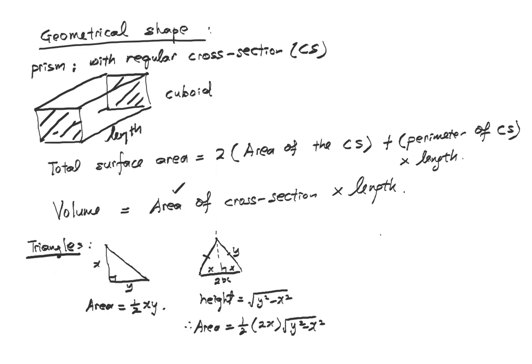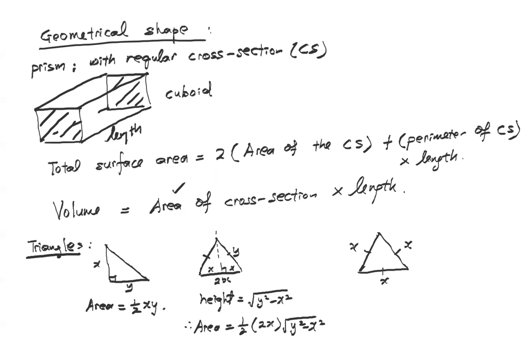If you are given an equilateral triangle, then how are you going to find the area? You can use the method of isosceles triangle because an equilateral triangle is one of the shapes of isosceles triangle.